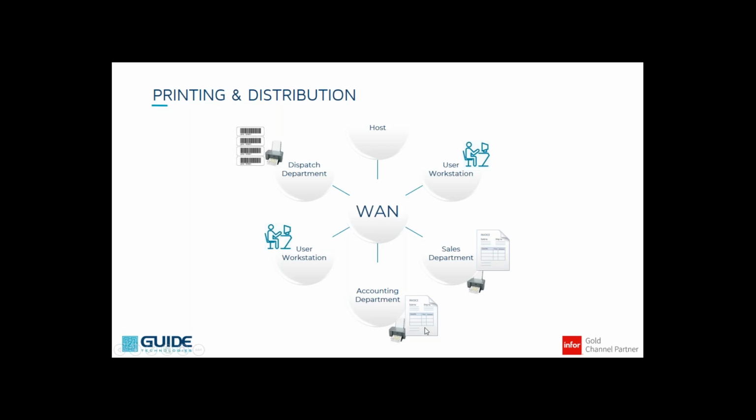Maybe one has costs. Maybe one has commission information. The other one doesn't. These can all be generated out of the same document. You can look at it on your own workstation. You can dispatch it and save it into your document management function. So all these things you can configure each and every form.